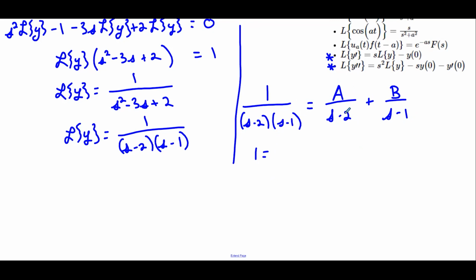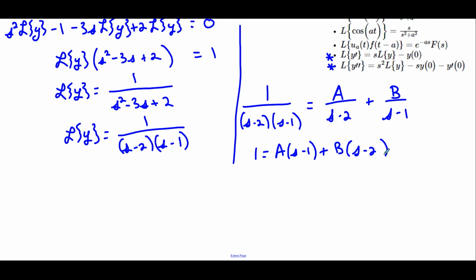And when I multiply it times the first term, these s minus 2's are going to cancel out. So I'll end up with A times s minus 1. And then when I multiply this times the second term, I have to distribute it, right? So I'm multiplying it times both of these, and the s minus 1's are going to cancel out. And I'm left with B times s minus 2.